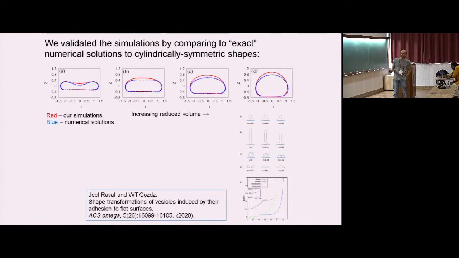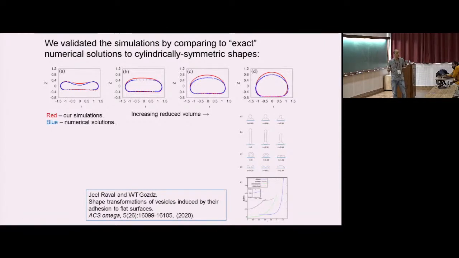And what is compared here is the simulation to a numerical solution of this problem under the conditions of perfect cylindrical symmetry that was published by Jill and her supervisor, and it sort of gives us just a sanity check to show that our simulations are not so bad.